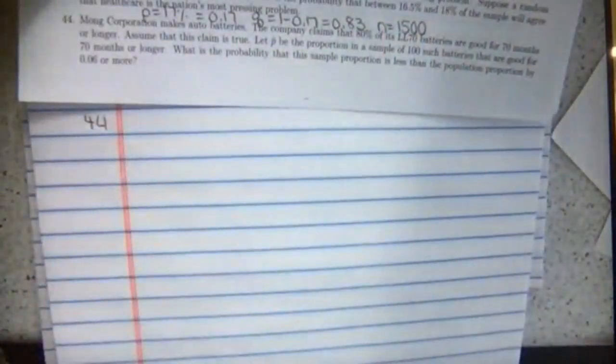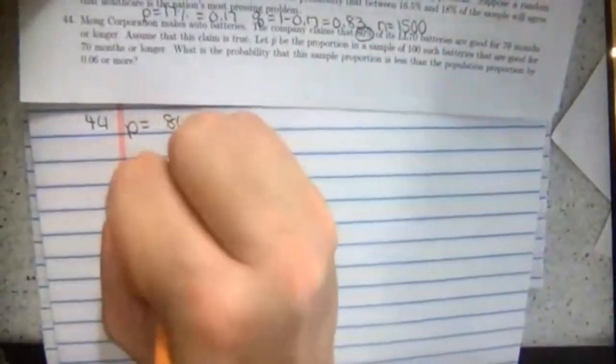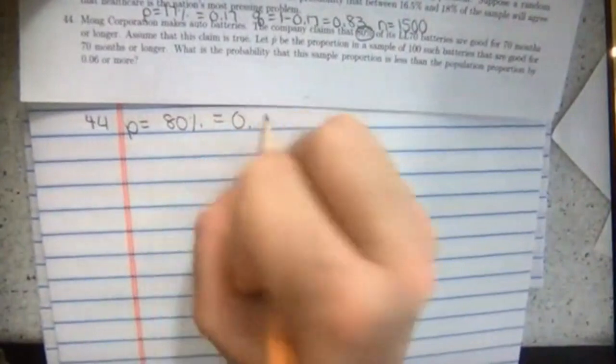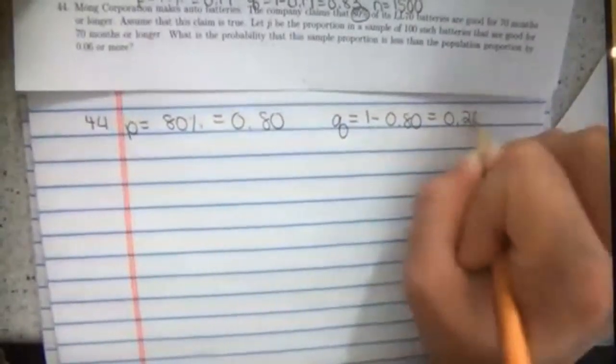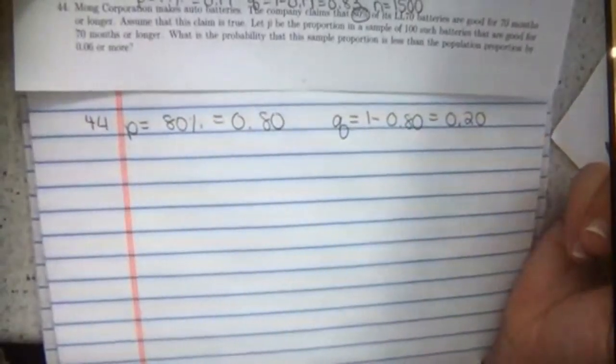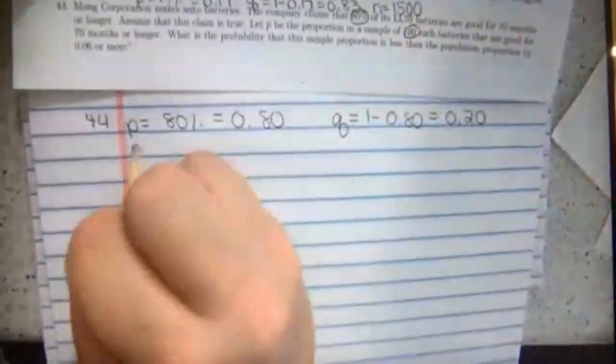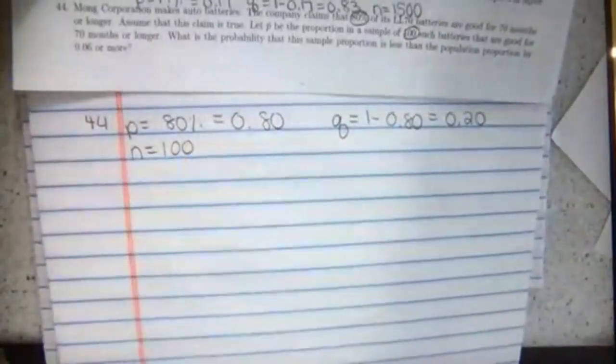All right, let's write down what they give us. So for number 44, they tell us that it claims 80%. So our p-value is 80%, which is 0.80. That means our q value is 1 minus 0.80, which is 0.20. It also tells us the sample is 100, so our n value is 100.